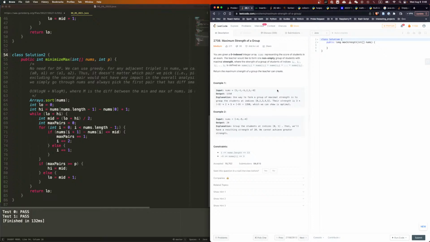Huh? What's the trick here? Like, seriously, what's the trick? I don't see the trick. I mean, for the negatives, if we have an even number, we just multiply everybody. If we have an odd number, we leave out the one with the smallest absolute value.